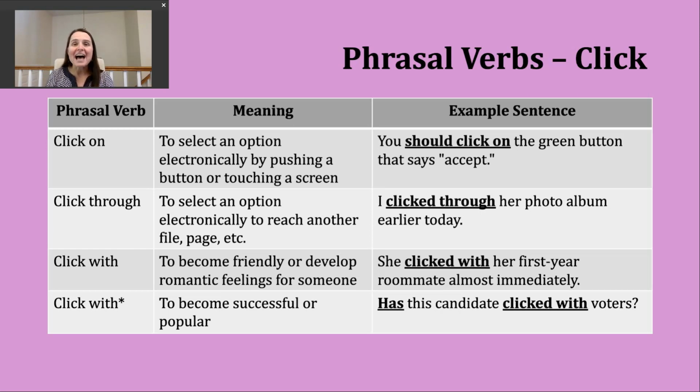Another phrasal verb that is commonly heard is to click through. This means we're selecting some kind of option electronically, but here we're trying to either reach another file, we're trying to reach another web page, a website, or something else. An example of that might be, I clicked through her photo album earlier today.